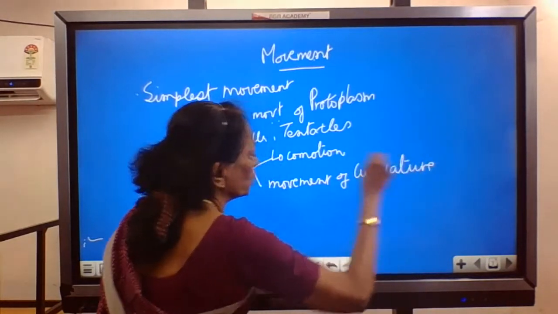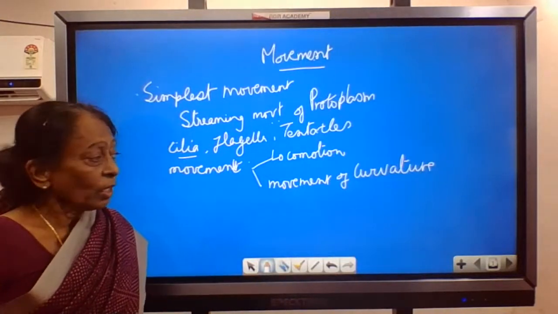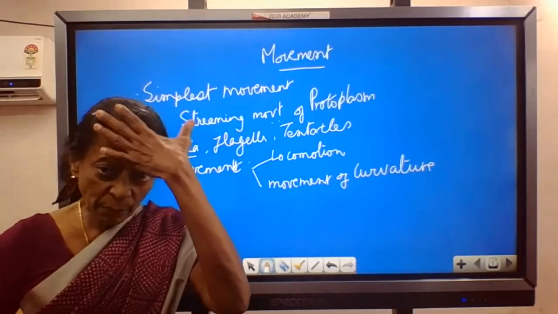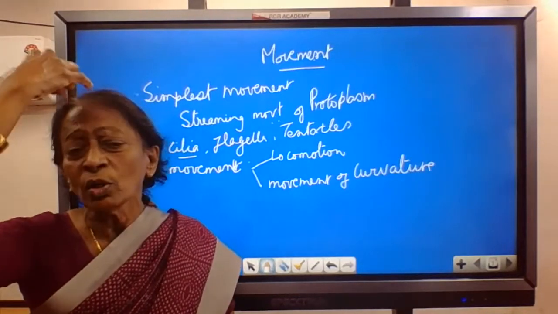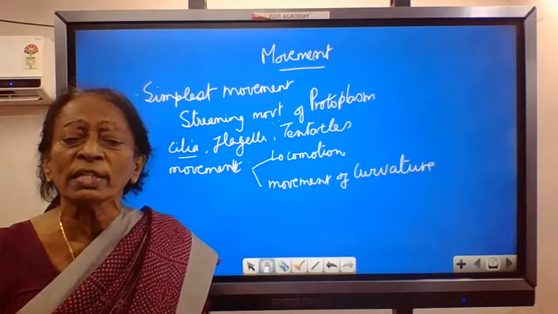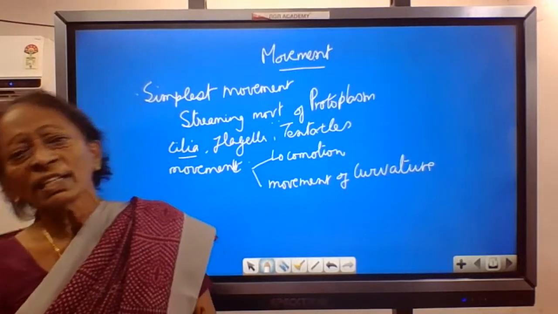But what is locomotion? Shifting from one position to another position is locomotion. Now, what is movement of curvature? The main body has an imaginary axis from head to foot. When a part of the body moves away from the main axis, you call that a movement of curvature. I'm standing, I'm talking, stretching the hand, or stretching my body.